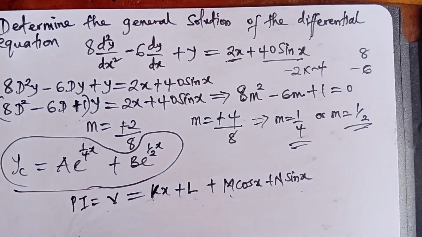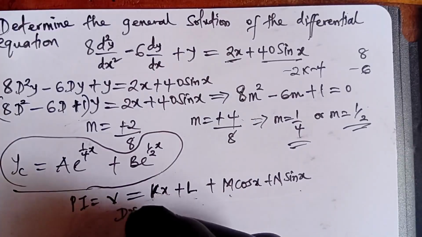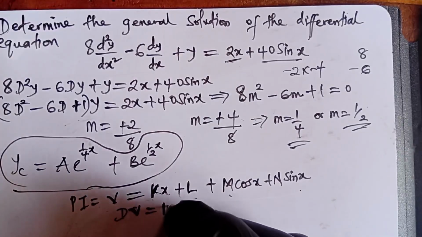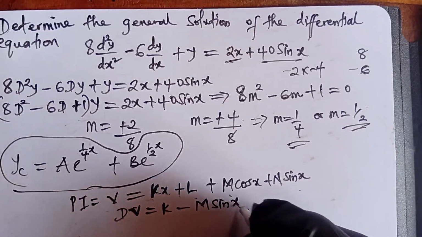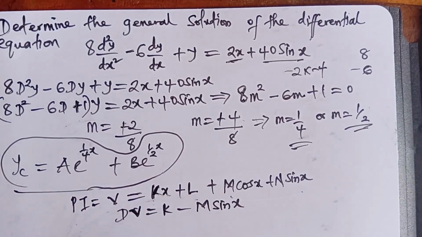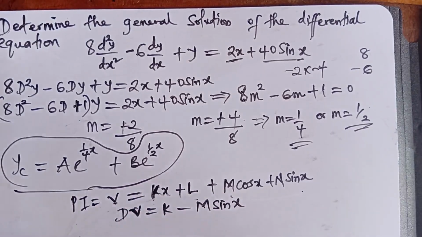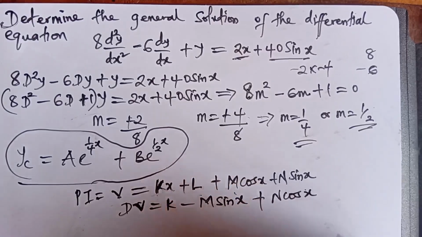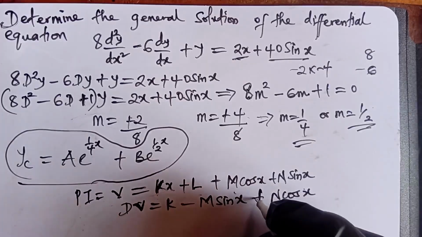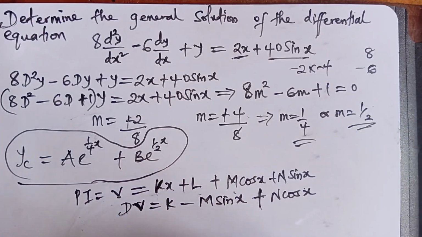Let's go again, sorry. It's going to be Dv equals k minus m sine x, differentiate n sine x to get plus n cosine of x. Good. Let's differentiate this for the second time to get D squared v.